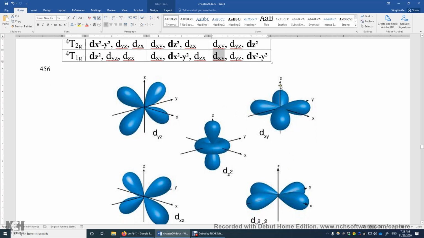So these two are on the same plane. And the 4 lobes of here and the 4 lobes of here, you should actually plot them in the same picture, and these 4 are here. And that's a very close relationship between dxy and dx squared minus y squared.